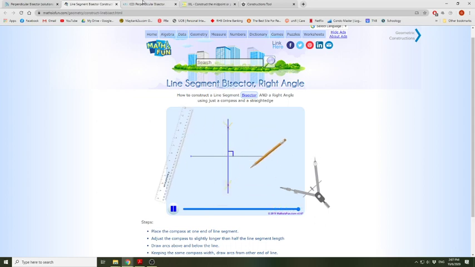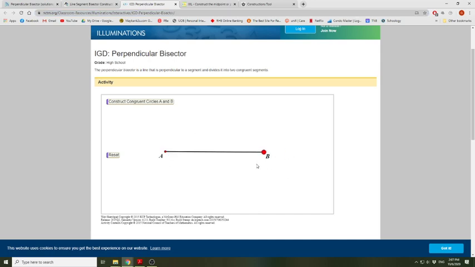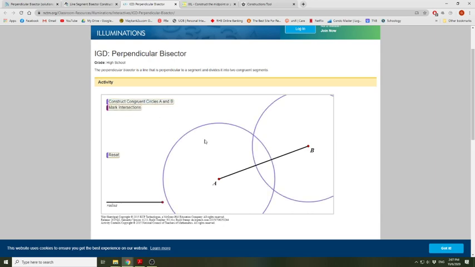Now I also have this one, which is easier to see. You can see step by step. Firstly, you can draw the line however big, up to you. Even if you want to do it this way also can, no problem. Firstly we need to construct the congruent circle.